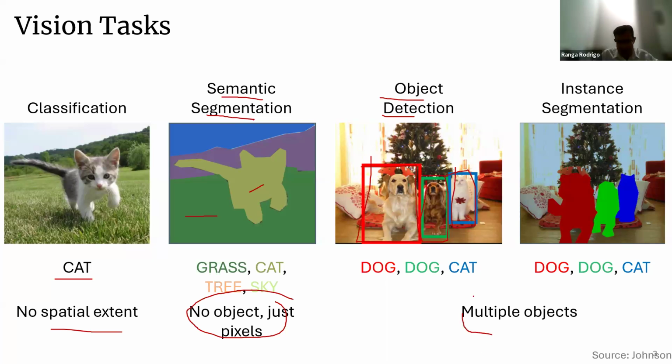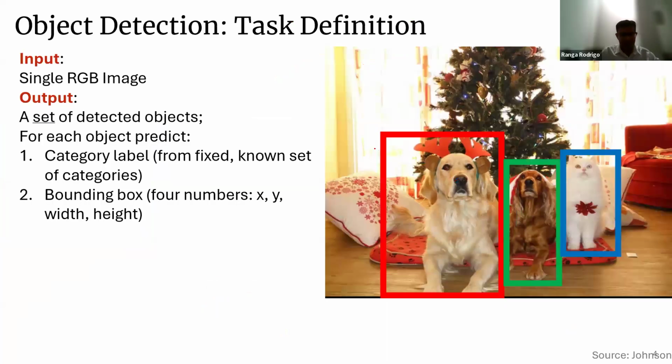But here also you have multiple boxes, multiple objects, and you can combine object detection and semantic segmentation, and we can have instance segmentation where the pixels are labeled properly belonging to each of the objects, each of the instances. So you can see the two dogs have been differently labeled.